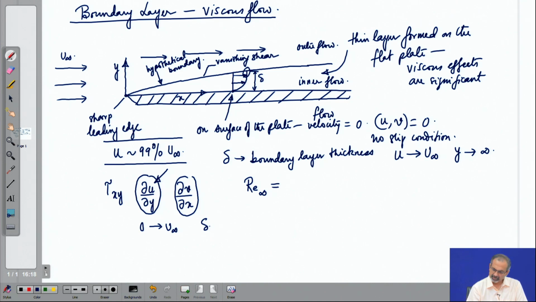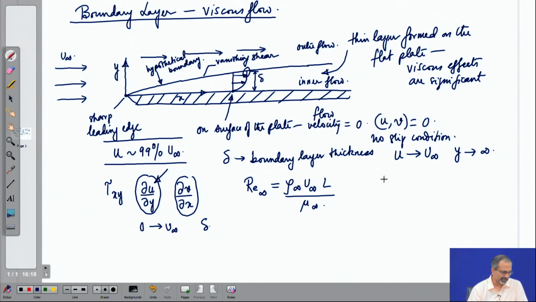The free stream Reynolds number for the free stream velocity that we have can be typically defined as, say, rho u infinity times, say, the characteristic length scale of the problem by mu infinity.